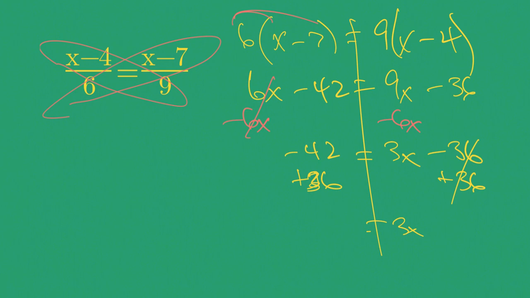Positive or negative? Which number's larger? 42. 42 is negative. Therefore, the 6 will be negative. Subtract, take the sign of the larger number because we have different signs there.